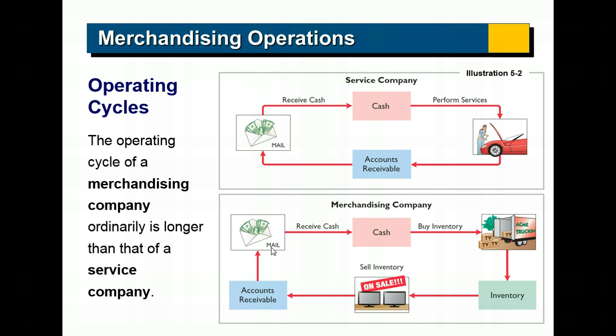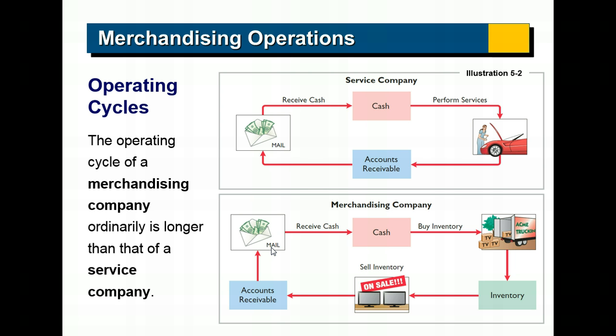Now, when we're dealing with a merchandising business, the operating cycle is going to be longer than that of a service industry. Why? There's extra steps in this process. With merchandising inventory, you get cash. You need to go buy inventory.